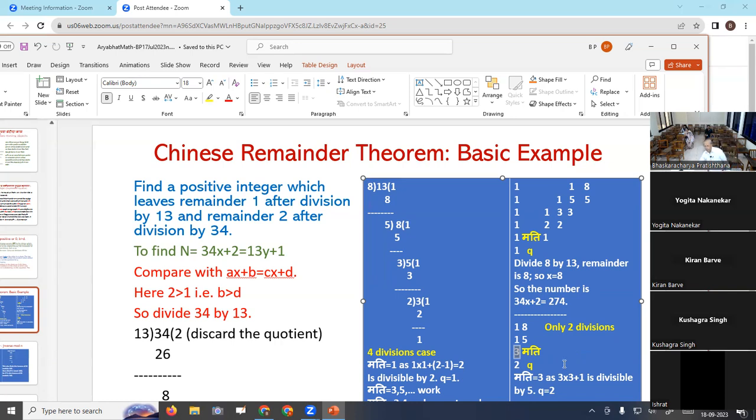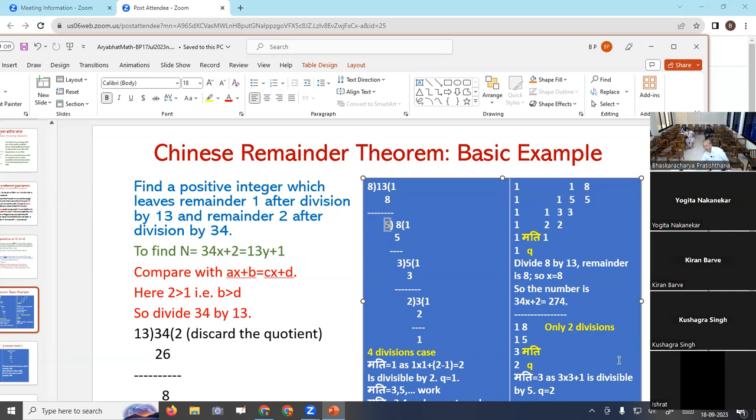So this is how Q is obtained. Mati here is 3, multiplied by this 3, which is the last remainder. So Mati into remainder plus Agrantara, you calculate this expression. This is 10, and our requirement is that it should be divisible by 5, the last divisor.